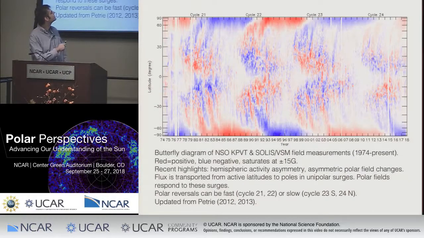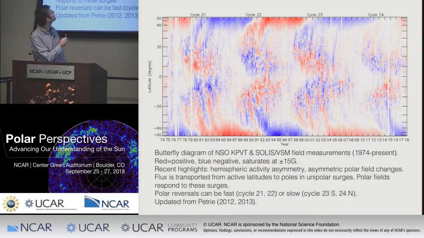So you can see the usual butterfly equatorward migration of the flux emergence as a cycle progresses. And while that's going on, while this fight to the death of the flux at low latitudes occurs, we always get this preference of sign in the surviving flux that gets advected or dispersed to the pole.